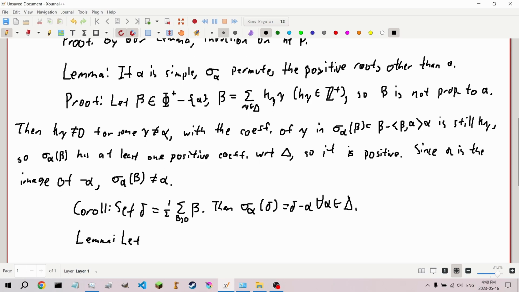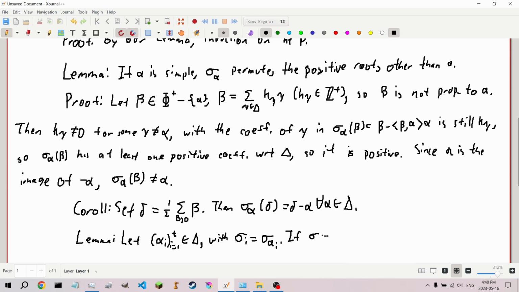We have a collection of elements in our base, not necessarily distinct, with a reflection for each element.